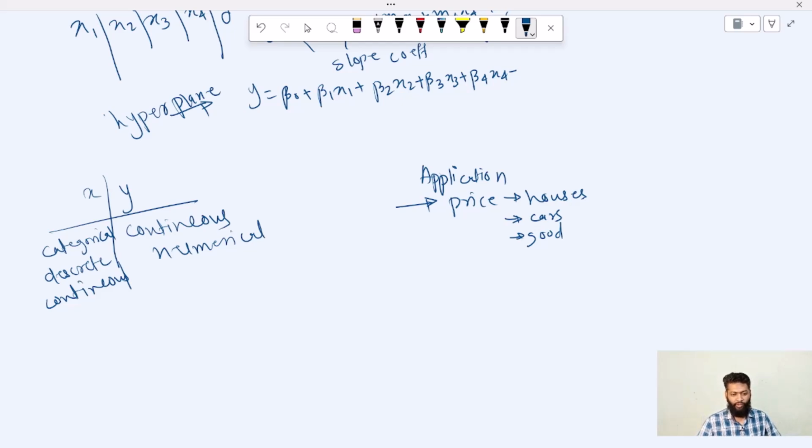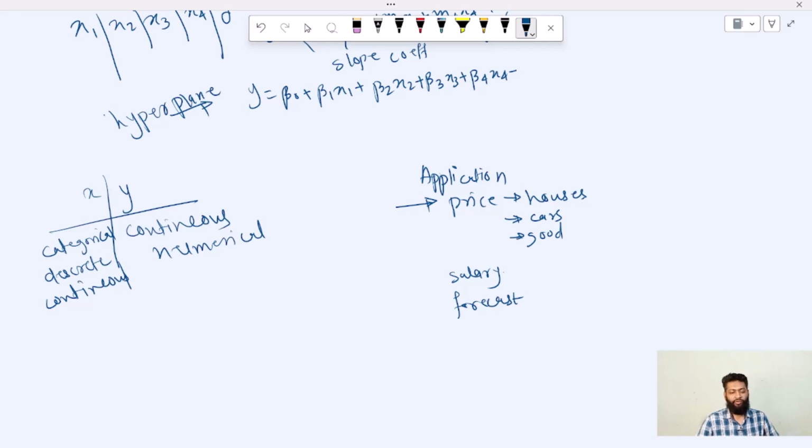Then if you want to predict the salary of a particular person based upon their qualification, age, gender, at that time we can use linear regression. Then if you want to forecast business values, like forecasting sales based upon some scenarios, then we can also use linear regression.